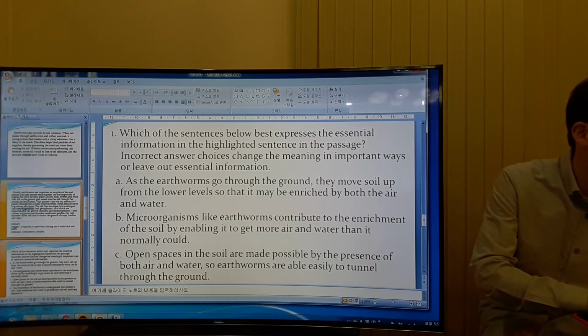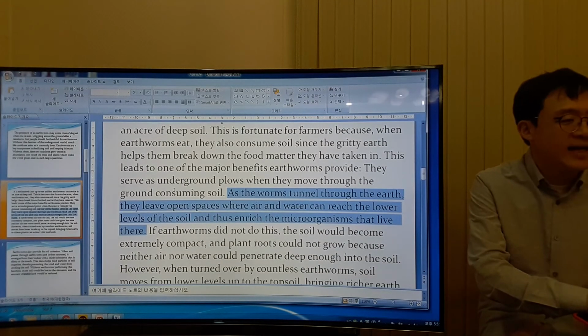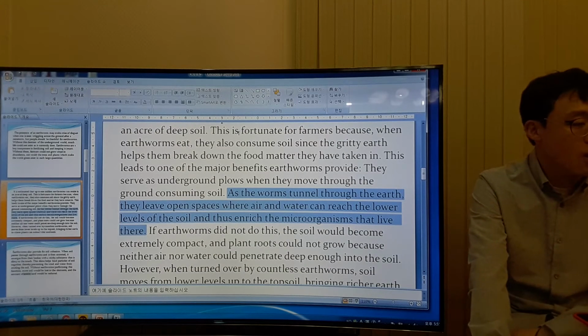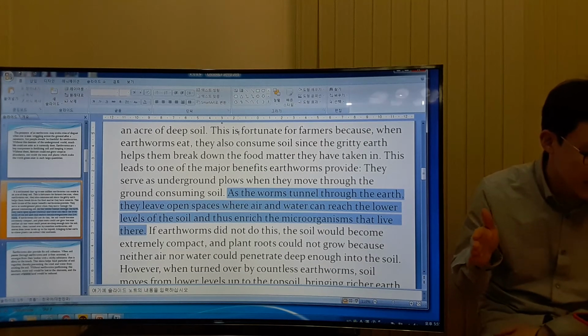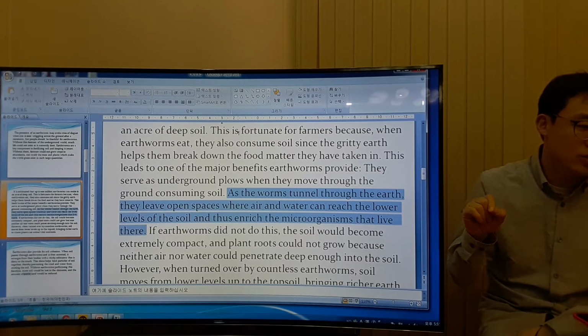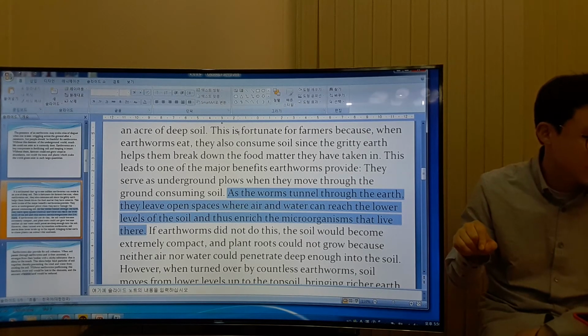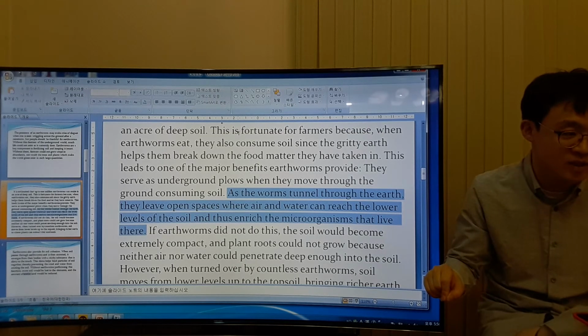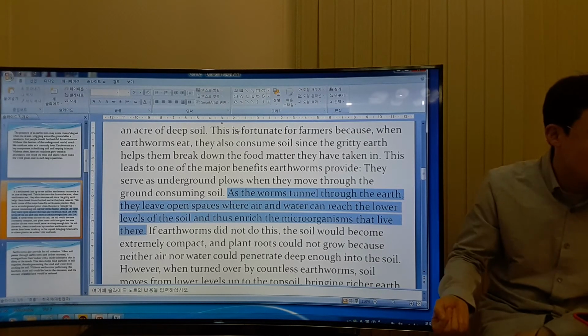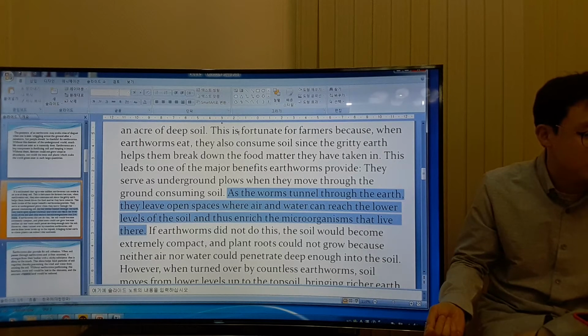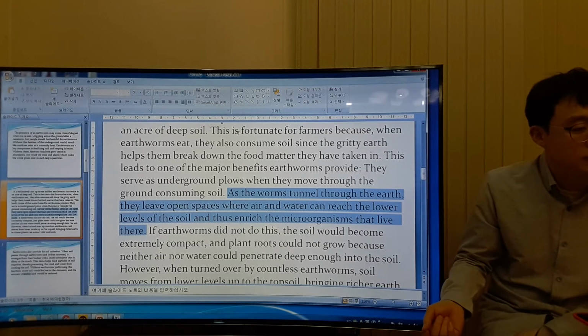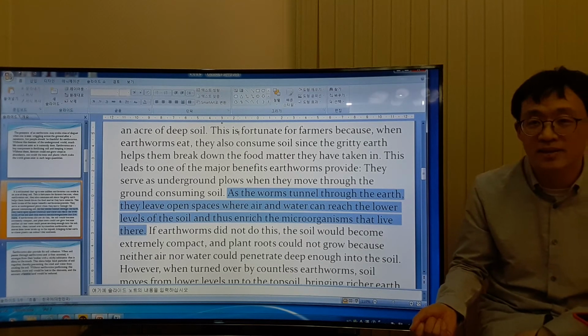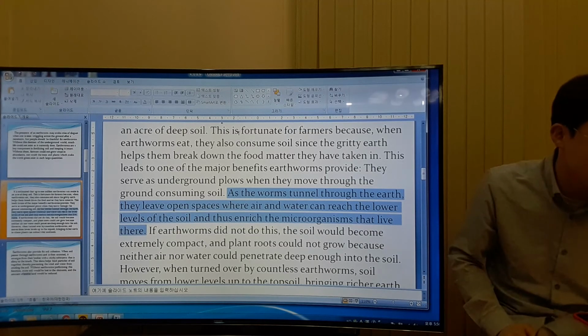Let's look at the highlighted sentence. When the worms tunnel, go through the earth making tunnels, they make spaces where air and water can reach the lower part of the soil, and so provides nutrients to the microorganisms that live there. So 3 pieces of information.